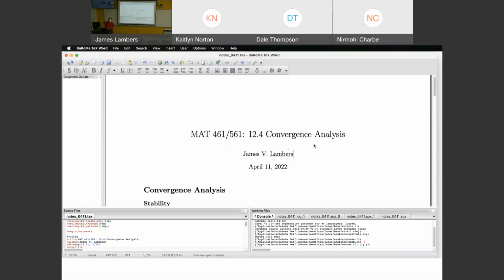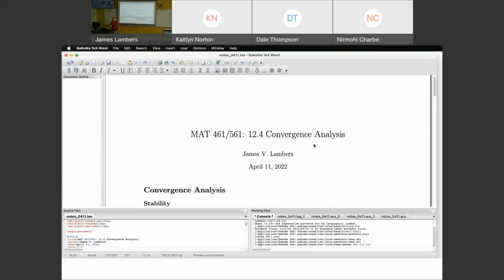Continue with convergence analysis. What I covered last time was how to show that a one-step method or a multi-step method was consistent, meaning that the local truncation error goes to 0 as time step size h goes to 0.